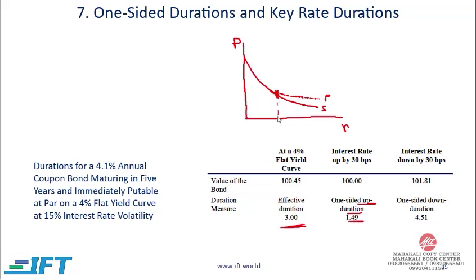So up duration would mean interest rates are raised, and we are looking at this slope. The one-sided down duration means that we are looking over here to the left of that point, and clearly you can see that the sensitivity of price to interest rates is more, so we see a higher number.